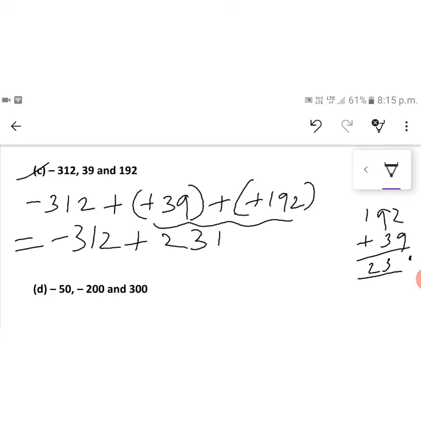Here the two numbers have different signs. So subtract these two numbers. 312 minus 231, we get 81. And give the sign of the bigger number. The bigger number is 312. The sign is minus. The answer is minus 81.